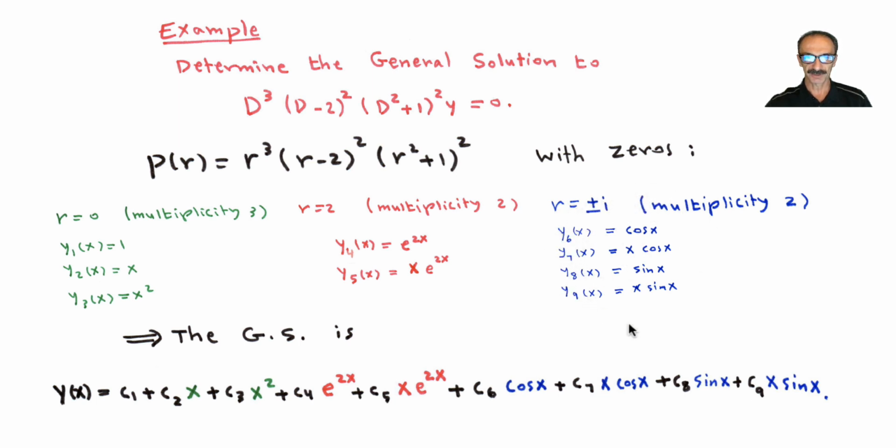And these are in blue. And that should do it. Hopefully the examples were helpful, but I had to start with the auxiliary operator and polynomial and so on, derivative operator.